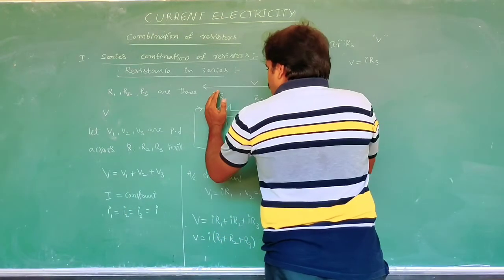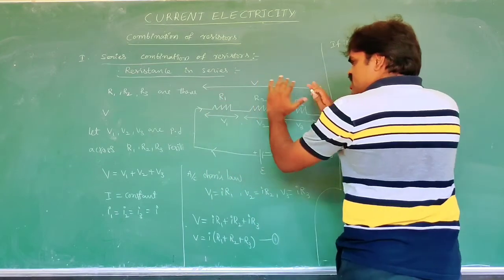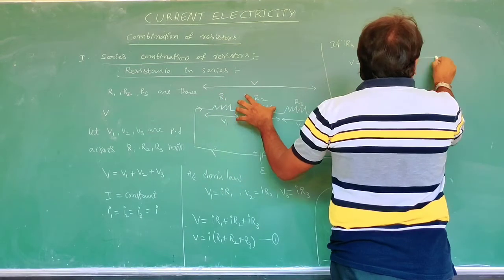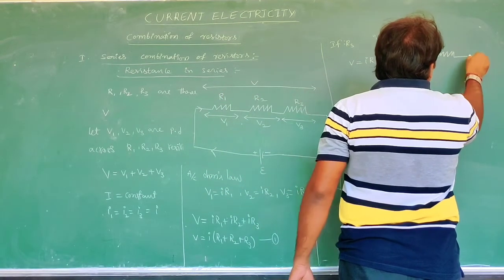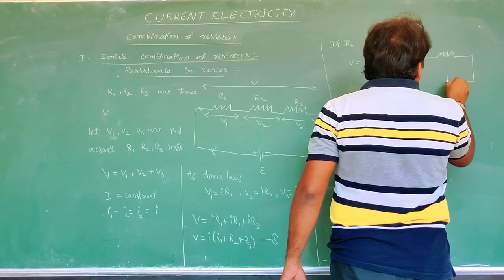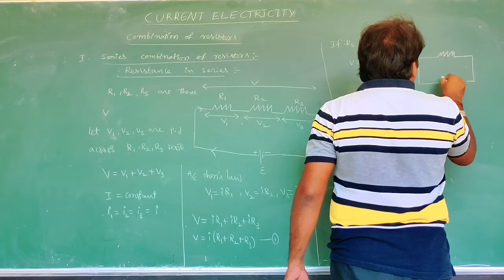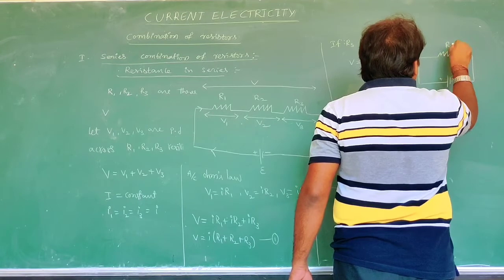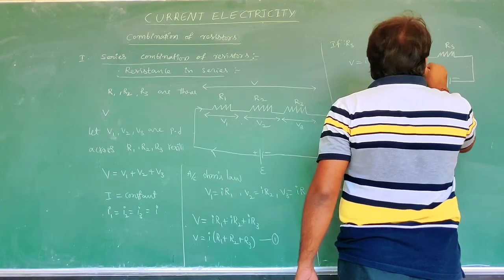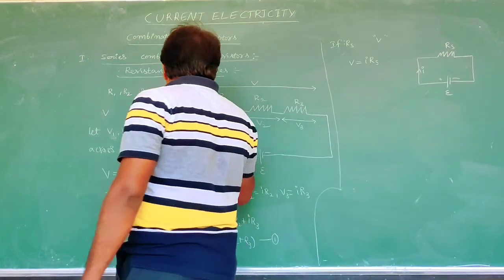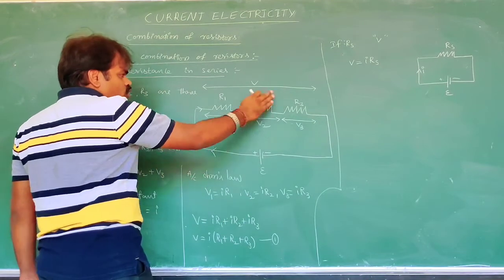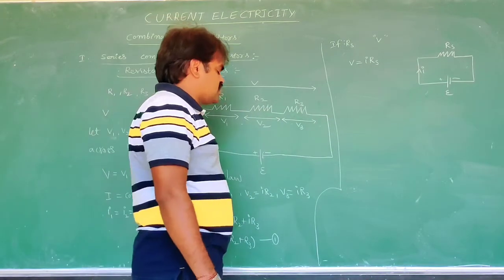The total series combination of resistance we denote as Rs. The applied EMF V is across Rs. Then the current I will be the same. Here also the current I is the same throughout the combination of resistors.